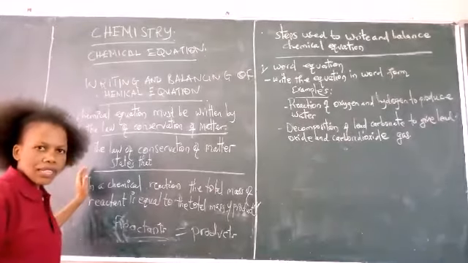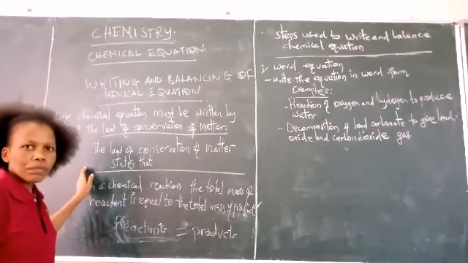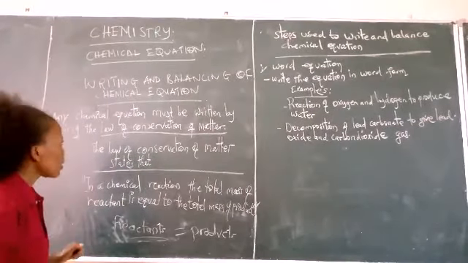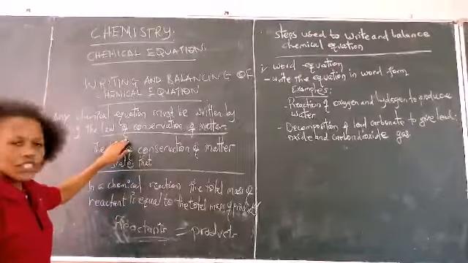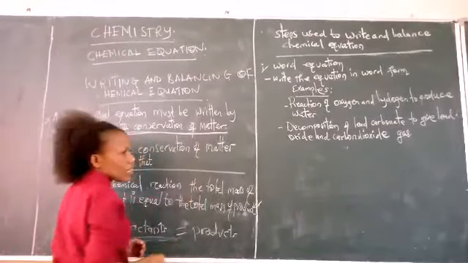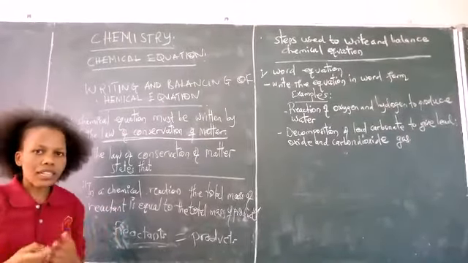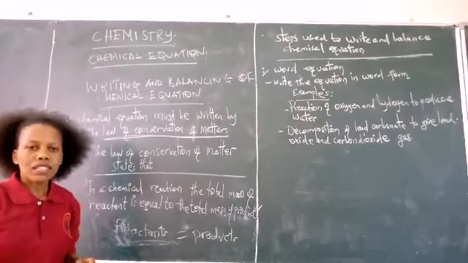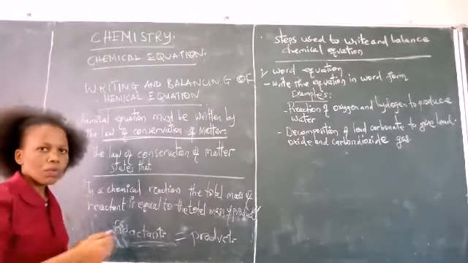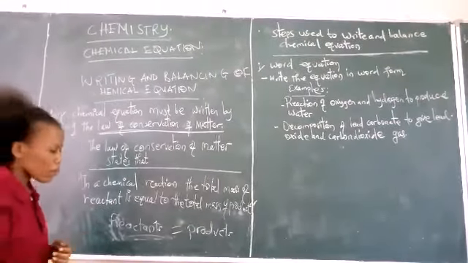In writing and balancing a chemical equation, any chemical equation must be written by using the law of conservation of matter, which states that in any chemical reaction, the total mass of reactants must be equal to the total mass of products.